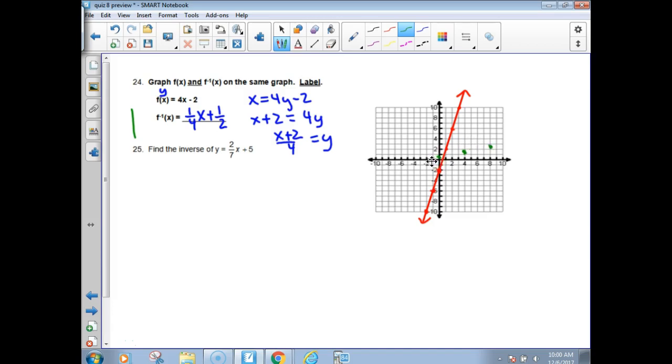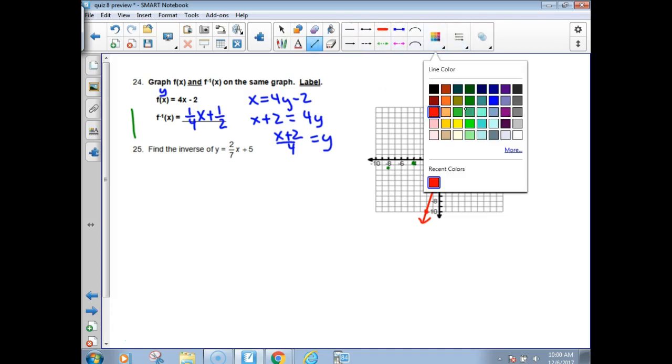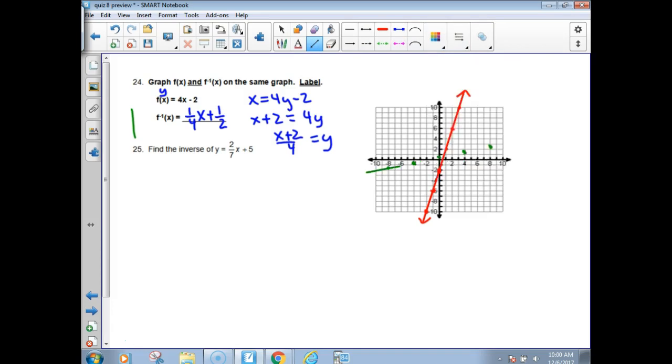Or down 1, 1, 2, 3, 4. So they're all fractions. Kind of awkward. Hopefully I have a y-intercept on the quiz that's not a fraction. But this would be the inverse.